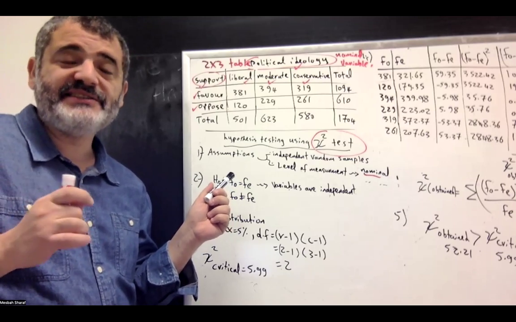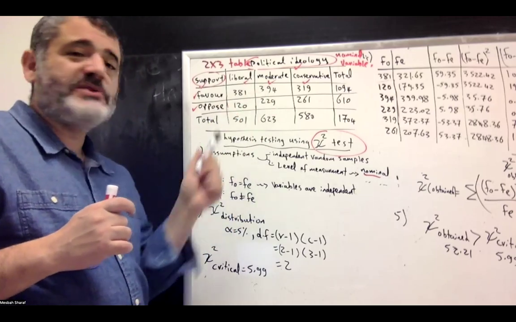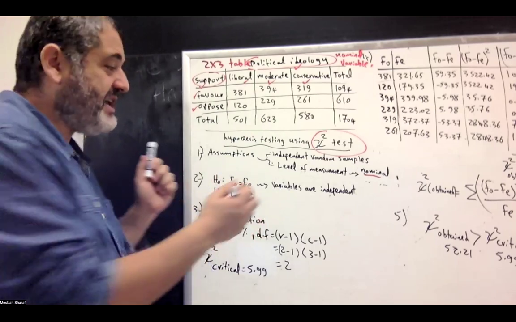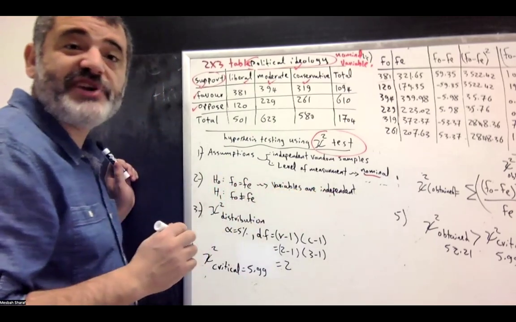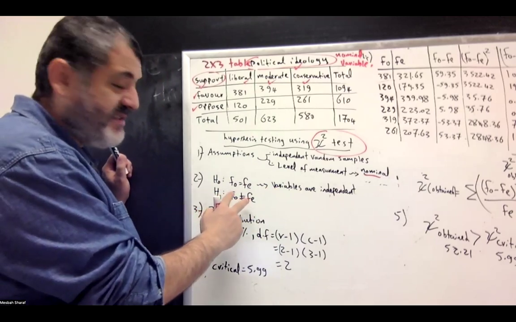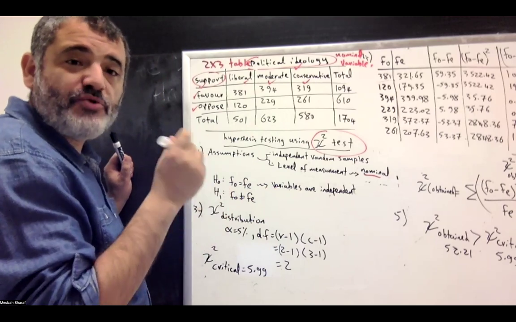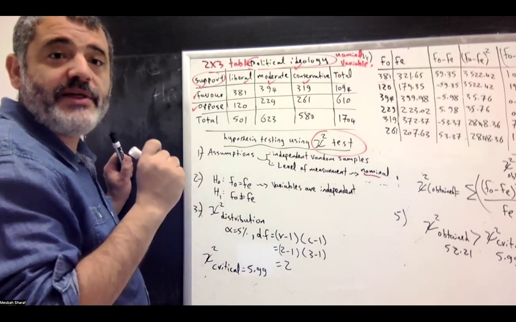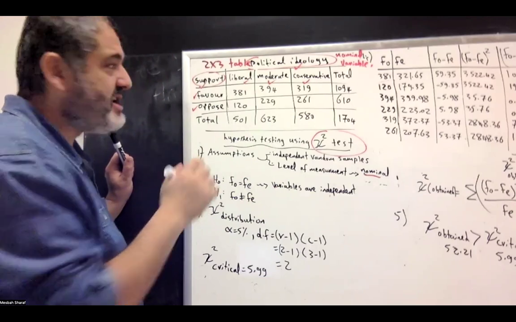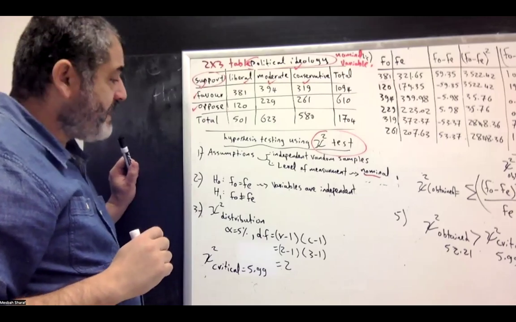We would like to test if the observed frequencies are the same as the expected ones, which indicates that the variables are independent and unrelated, or whether they are different. If there is a significant difference between the observed and the expected frequencies, it means the two variables are related. There is a significant association between these two nominal variables.